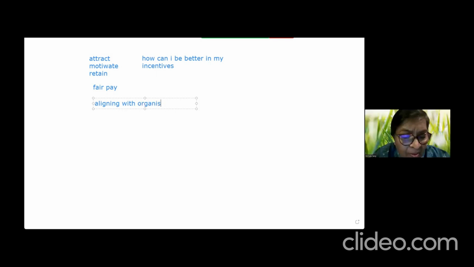You can align that performance to your organizational goals and motivate. It's a point of motivating, but it also gives a sense of achievement and purpose to the employees. So you're linking individual performance with the organizational goals. Great.